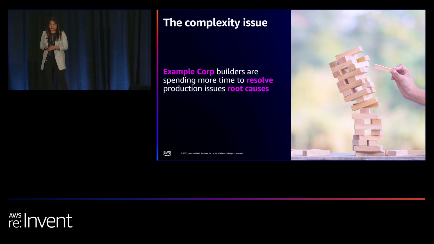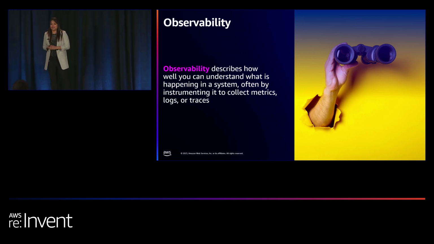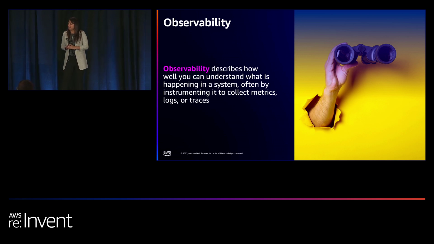This is what observability helps you do. It helps you ask questions about your architecture, about your systems, and then helps you achieve operational readiness. Everyone is potentially familiar with metrics, logs, and traces, and that really forms the foundational observability, but really it's a lot more than that as well.